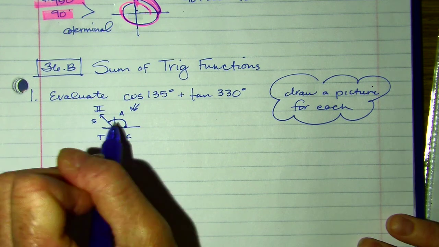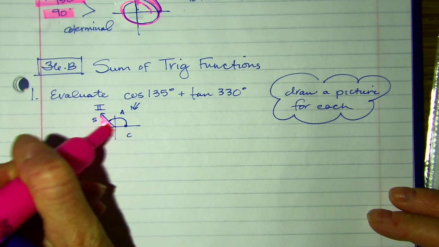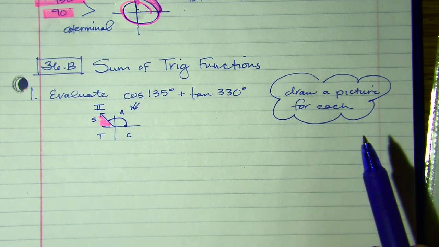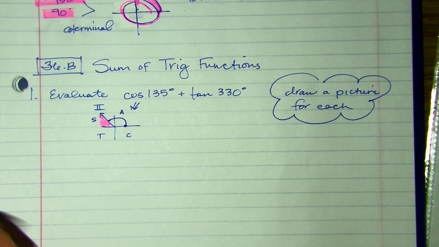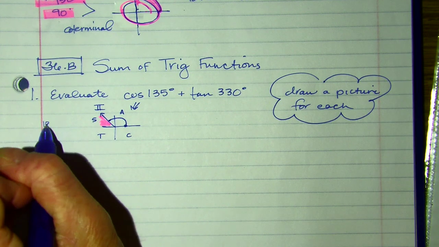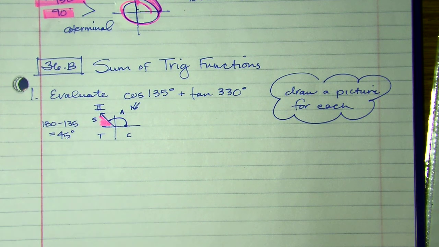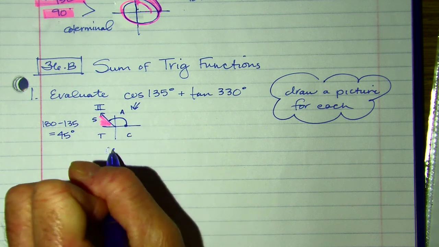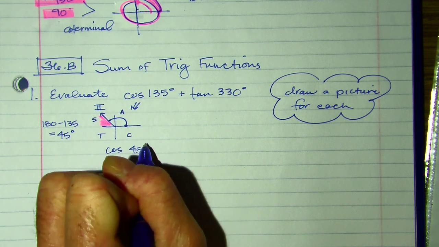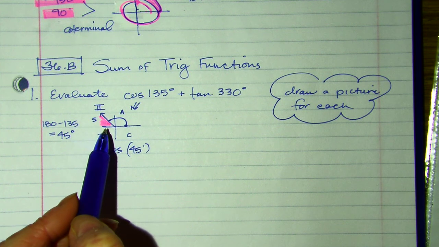Then I would try to find the reference angle. So I'm looking for the angle here, not of 135. I saw that on some of your tests. I'm not looking for the cosine of 135. I don't know that relationship. But I do know that 180 minus 135 equals 45 degrees. So I'm actually looking for the cosine of 45 degrees, but I drew the picture to know that I'm in quadrant 2, so I'm going to be negative.